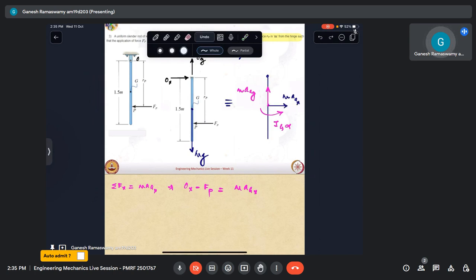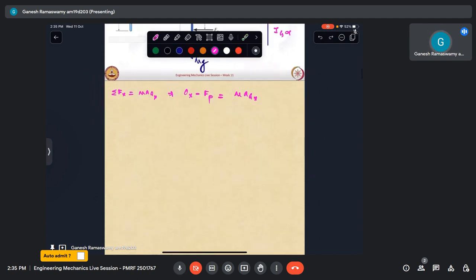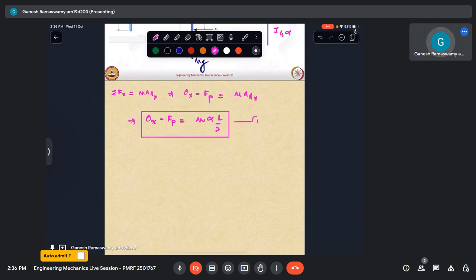I know how ag relates to alpha. Alpha into this distance is ag, and that distance is nothing but L by 2, 1.5 by 2. So let us substitute that. This gives me OX minus Fp equaling m alpha L by 2, where L is the length of the bar. So far so good. So we have got one equation here. This is equation number 1.